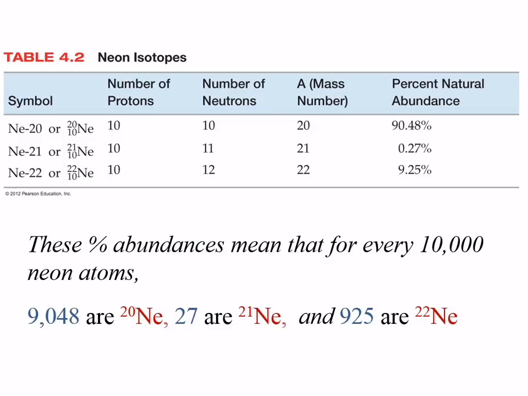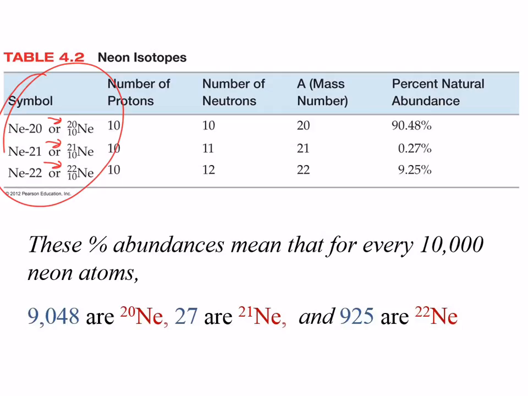Picking on neon now, we'll see another chart kind of like this. If you read it from left to right, over here on the left we have the three different isotopic forms of neon. You can see neon-20, neon-21, neon-22 with their mass numbers.